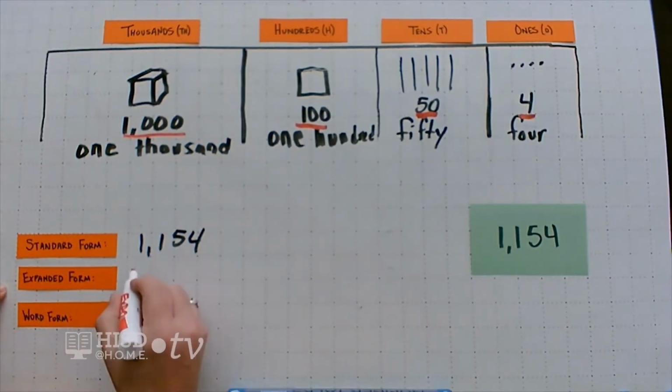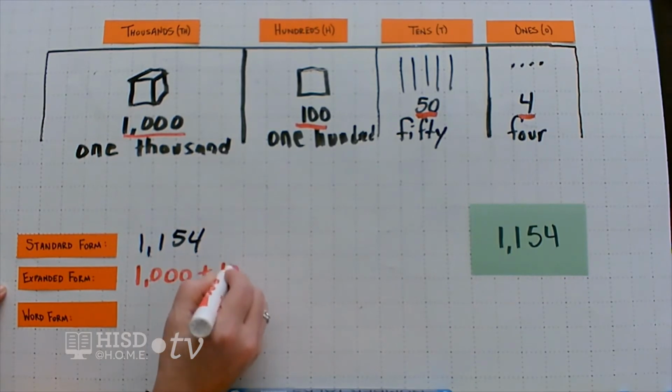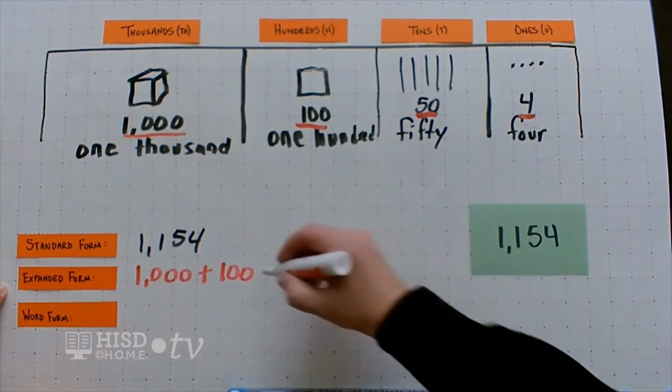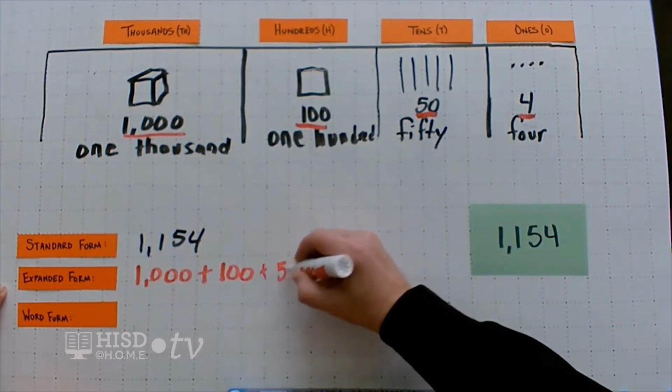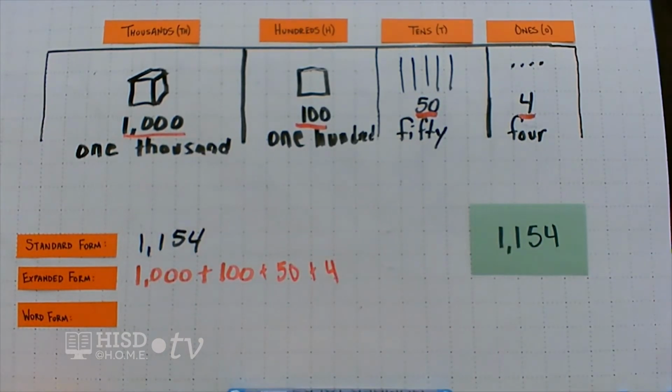So in expanded form, we have 1,000 plus 100 plus 50 plus 4. And if you join those together, you will get a sum of 1,154. And the last thing we need to do is represent this in word form.